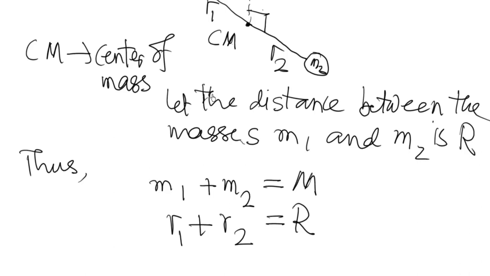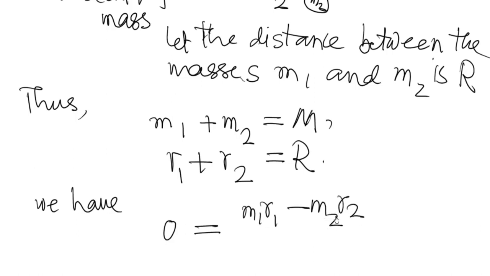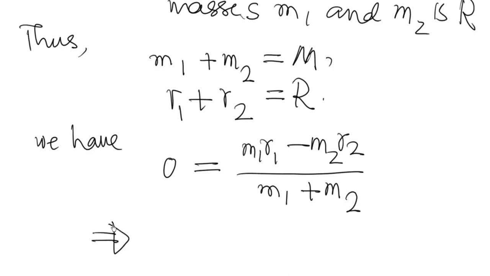Now for the moment, if we assume that the center of mass is the origin, then we have M1 plus M2, and this one gives us M1 R1 is equal to M2 R2.